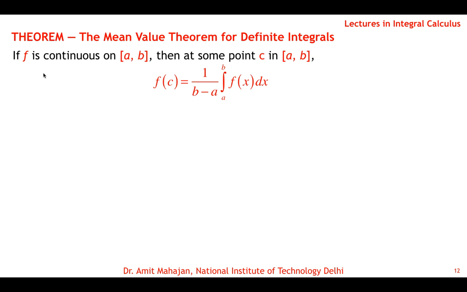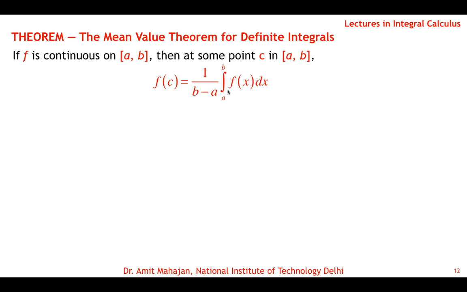Okay, so it says that if f is continuous on the interval [a, b], then at some point c in [a, b], the function value at c is equal to the average value of the function.